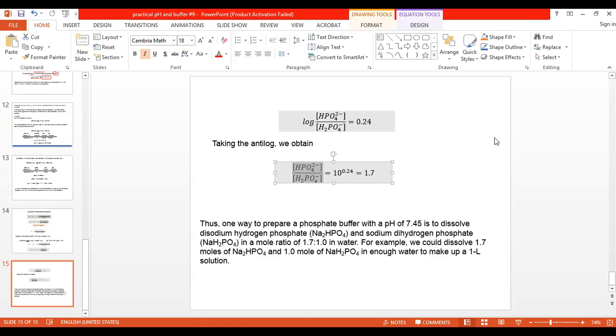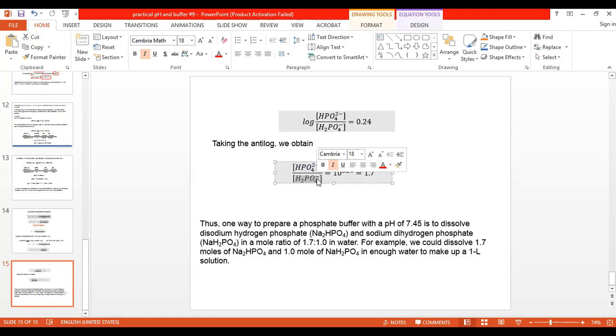So we know that to prepare this phosphate buffer solution with pH 7.45, we need to dissolve the sodium hydrogen phosphate and sodium dihydrogen phosphate in a mole ratio of 1.7 to 1. It means that this one is 1.7 times higher than this one.